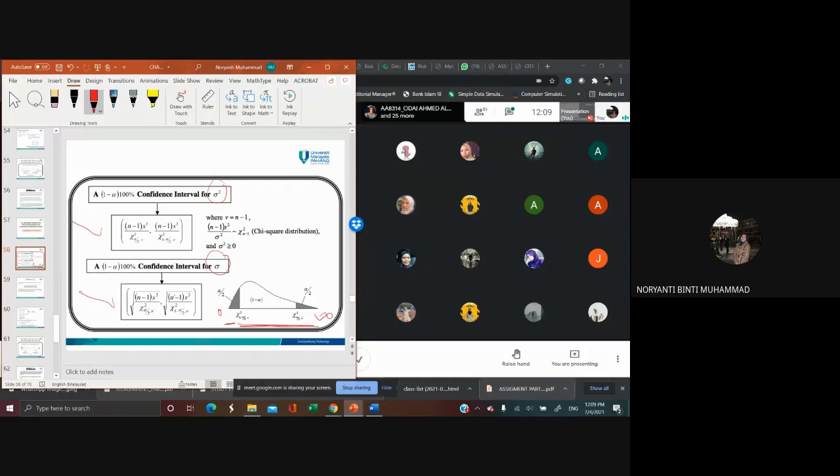We don't have any negative values for the chi-square table and F table. The formula is given, no need to memorize, but you should know where to find the chi-square value for the left side and right side.